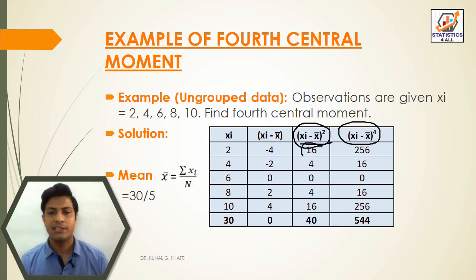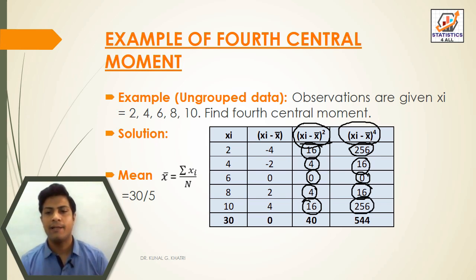That is 16 into 16, we get value 256. 4 square is equal to 16. 0, 0 only. 4 square is equal to 16. 16 square is equal to 256. Now after finding all the values, we get the sum of (xi minus x bar) raised to power 4 equal to 544.